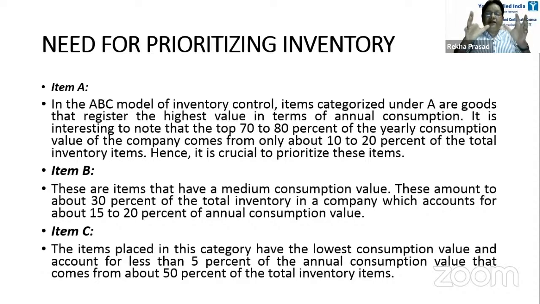To the inventory of those items, much more attention is given. जो भी parts item A में आते हैं, you have to be very very careful about them. And luckily they are low in number, so they can be taken care of.